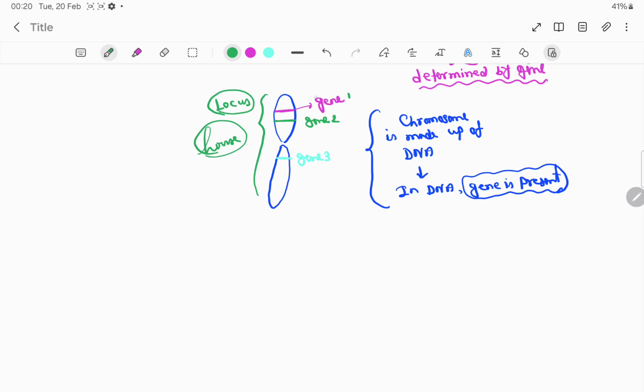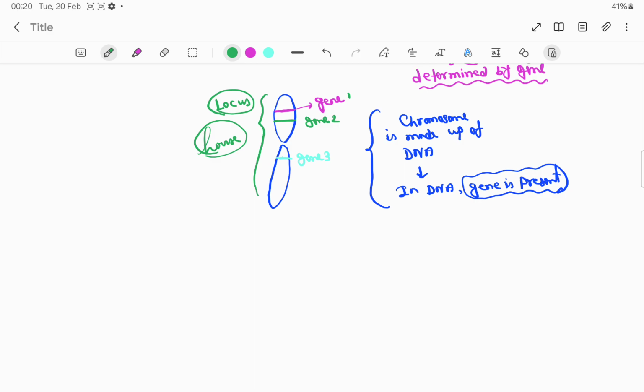So suppose this is the room for gene 1, this is the room for gene 2. Genes are present in the chromosome. Is it clear? Now when there is expression of the gene, what will be formed? Functional protein, and as soon as the functional protein is formed, you can see the character.